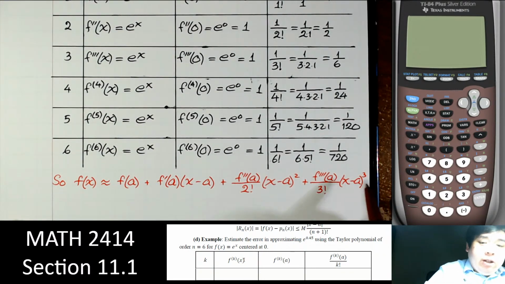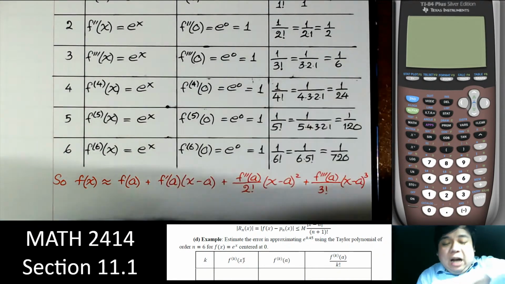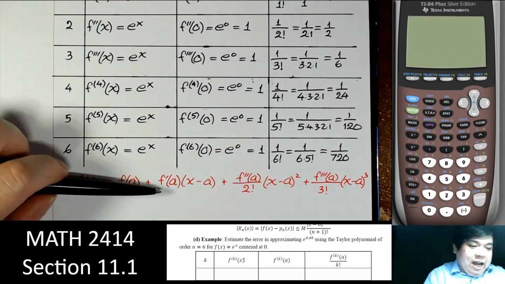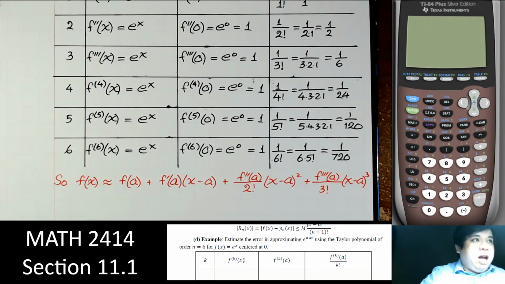So the derivative order, the power, and the factorial all have the same number, and a in this case is 0, so we just have x instead of x minus 0.